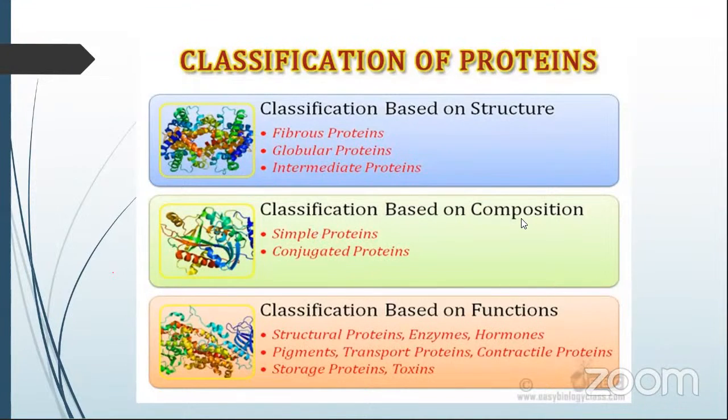With respect to classification by composition, you will get to know the simple proteins and the conjugated proteins, the alpha helices, beta sheets, and how many chains are there.